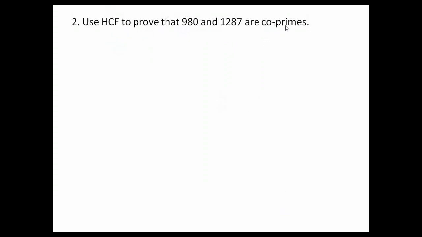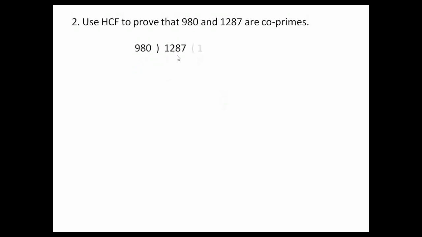Now what is the property or the condition to be a co-prime? That they should have no other factor that is common other than 1. So if 1 is the only common factor between the two numbers, then only they can be termed as co-primes. So let's try to find the highest common factor. Let's use the highest common factor method. Let's divide and see.